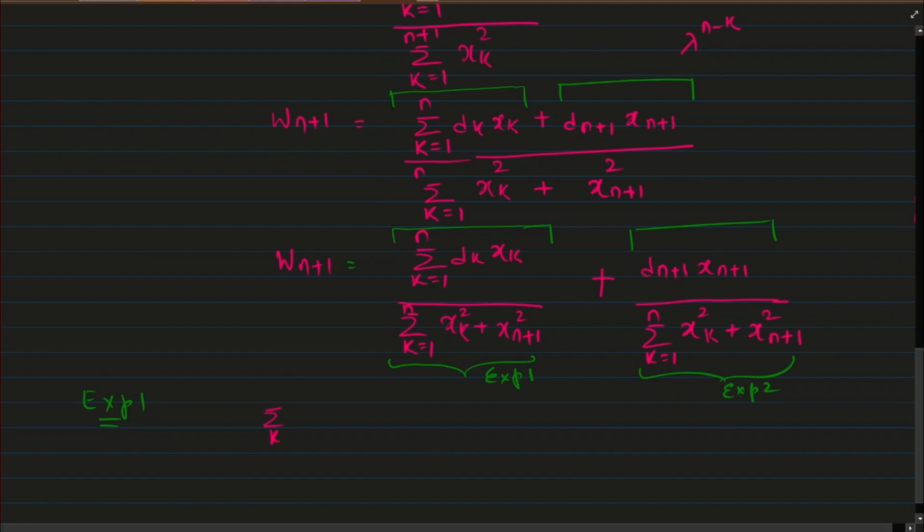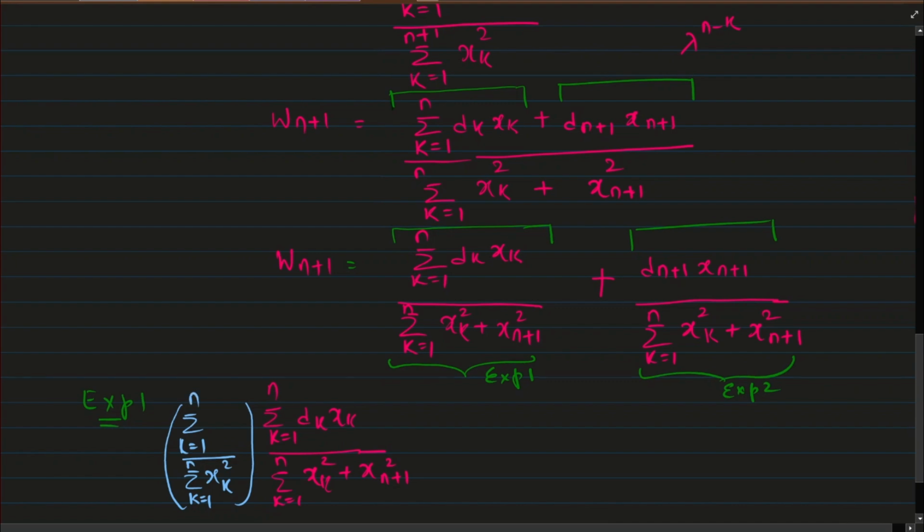This is the sum over k equal to 1 of dk xk, and now to this expression I can multiply this part, which, if you remember, I can write as the sum over k going from 1 to n of xk square, and I have a similar thing in the numerator. This is just a manipulation to arrive at something.